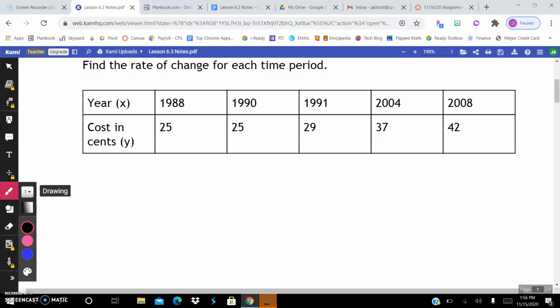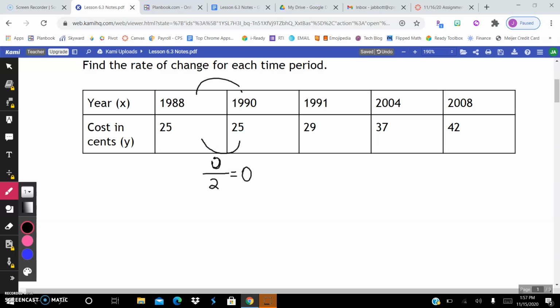So from 1988 to 1990, we're going to take 1990's y value of 25 and subtract 1988's y value of 25. So 25 minus 25 is 0. So the change in y there is 0. And then this change is 2 years. So 0 divided by 2 is 0.